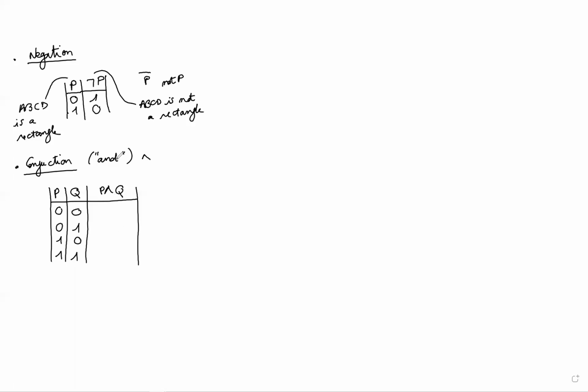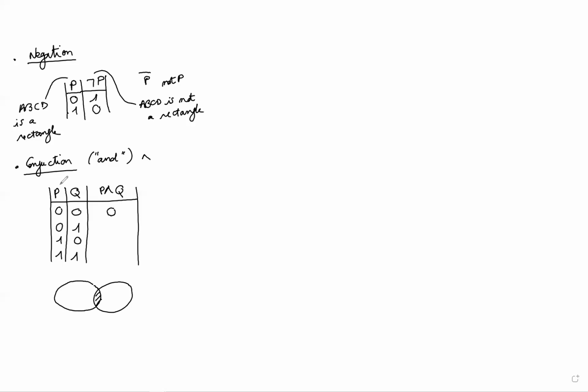In math, and is related to the intersection of sets, right? So, and is just like in ordinary language. So if P is false and Q is false, then P and Q is false.